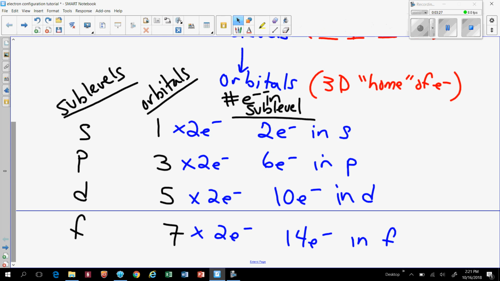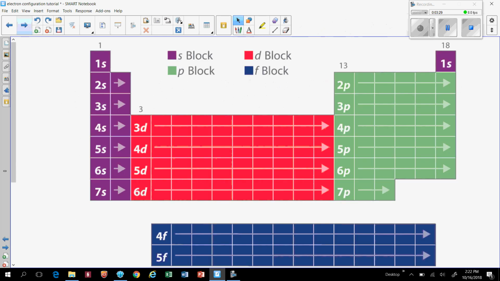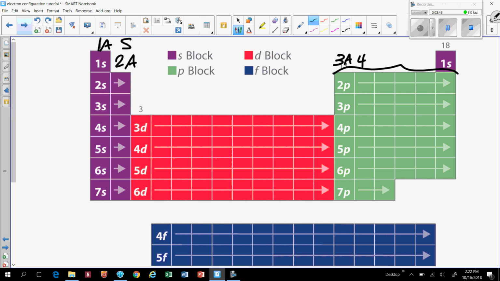It's important to know that because these sublevels and the numbers of electrons they hold correspond to our groups on the periodic table. The groups are the up and down columns. So you can see on the periodic table here that group 1A and 2A make up the S sublevel. You can see over here that excluding helium, these 6 columns, 3A, 4A, 5A, 6A, 7A, 8A, make up the P sublevel because P can hold 6 electrons.